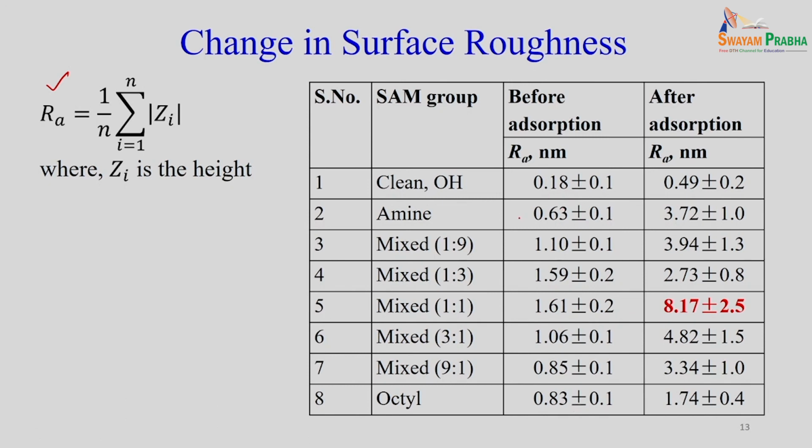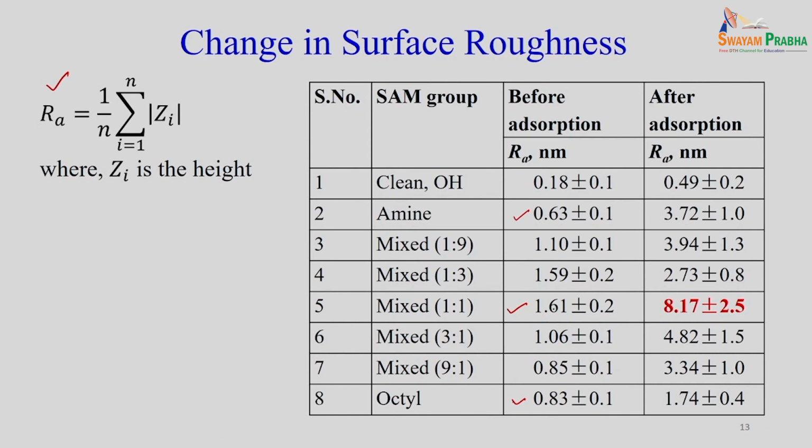So, it is 0.63 on amine surface, 0.83 on octyl surface, and on mixed 1 it is a maximum of 1.61. Now, after the adsorption or aggregation, it has increased by many folds on all the surfaces. So, you observe a maximum of about 8 nanometer on the mixed 1 surface.